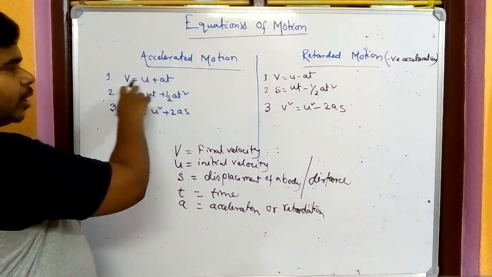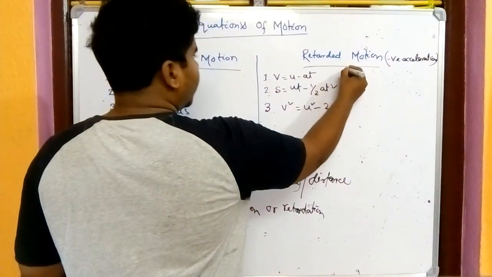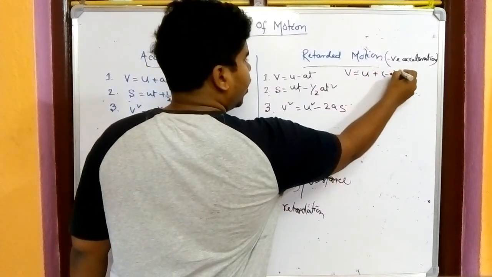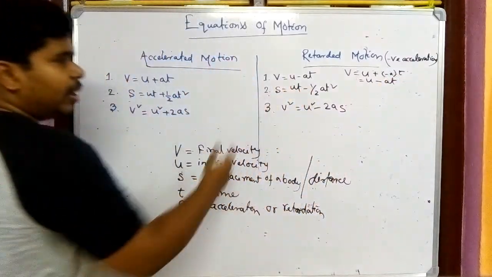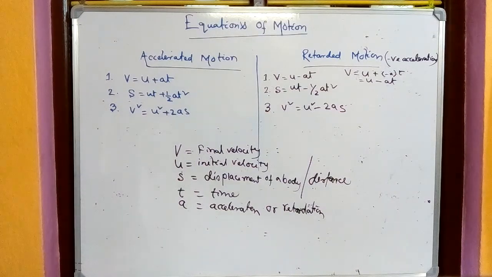So in the accelerated equation, v equals u plus minus of a into t, and then the equation will come as u minus at. Similarly, for the second equation also, instead of a we have taken minus a, that's why the minus sign has come. For the third also, for the same reason the minus sign has come. So the minus sign signifies that instead of positive acceleration, we have taken negative acceleration.